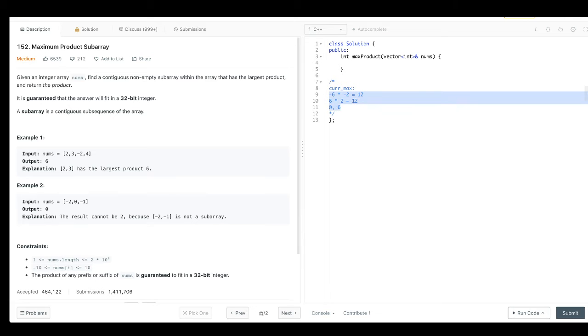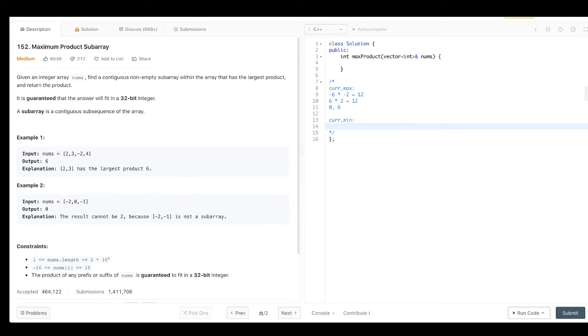So we saw that here we need the current minimum product also, because the current minimum when multiplied with a negative number has the potential to give a greater positive product. So we need to find the current min as well. So how do we find the current minimum product? When can we form a negative product?